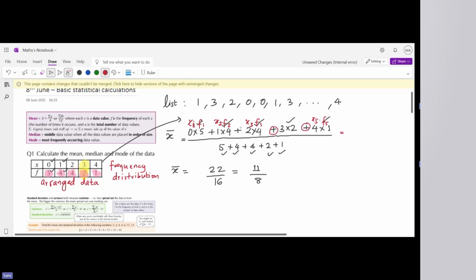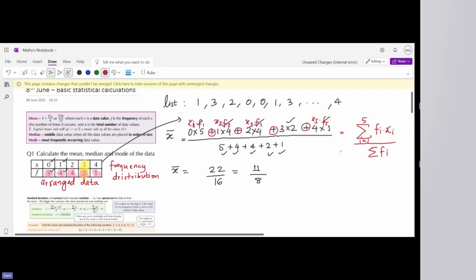Addition in a short form is written as sigma. So this is the sum of all numbers of the type fi times xi, where i changes, in this case, from 1 to 5, divided by sigma fi.